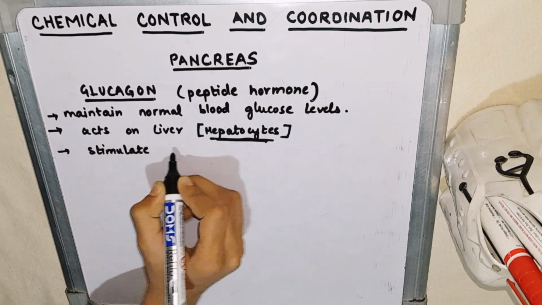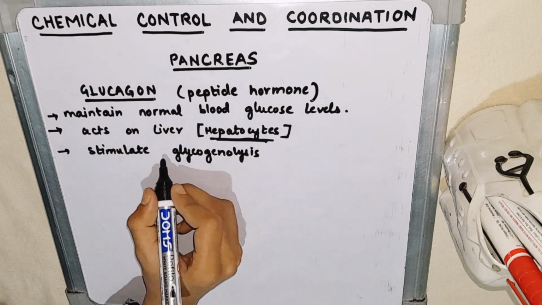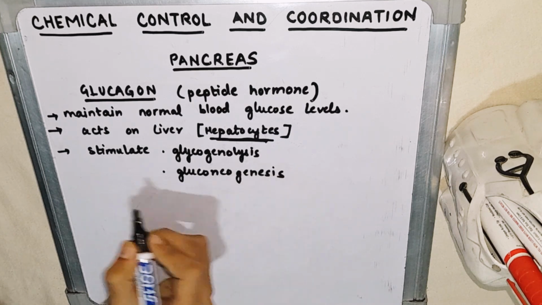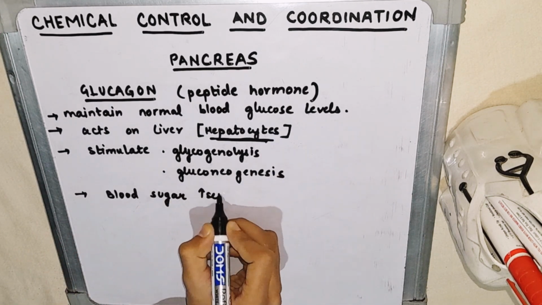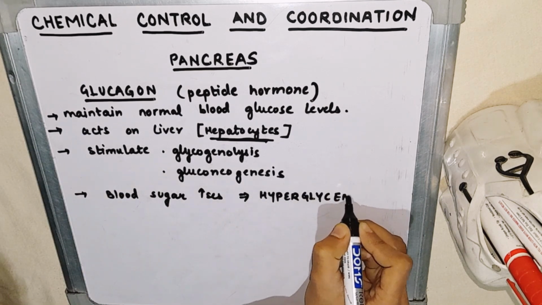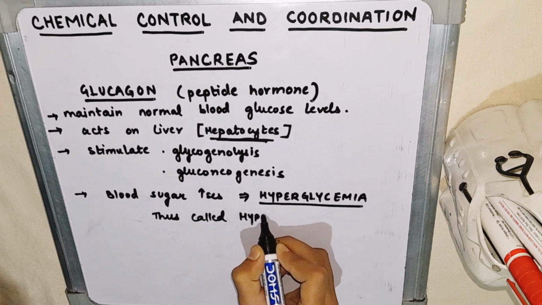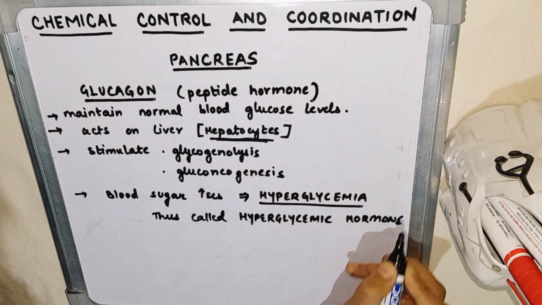It is used to stimulate glycogenolysis and gluconeogenesis. Whenever the blood sugar level of our body increases, it leads to a condition known as hyperglycemia. Thus glucagon is a hyperglycemic hormone.